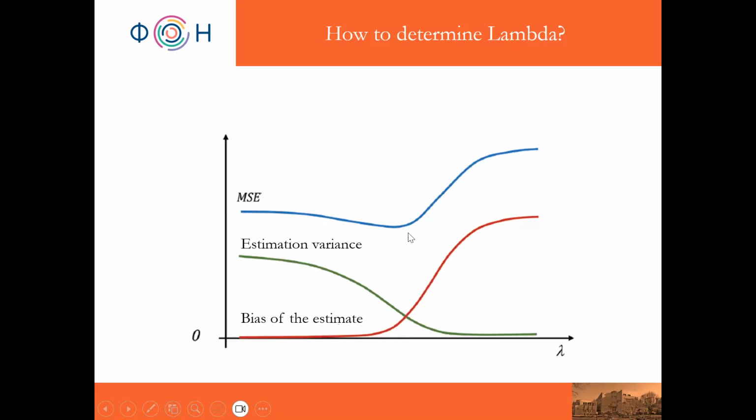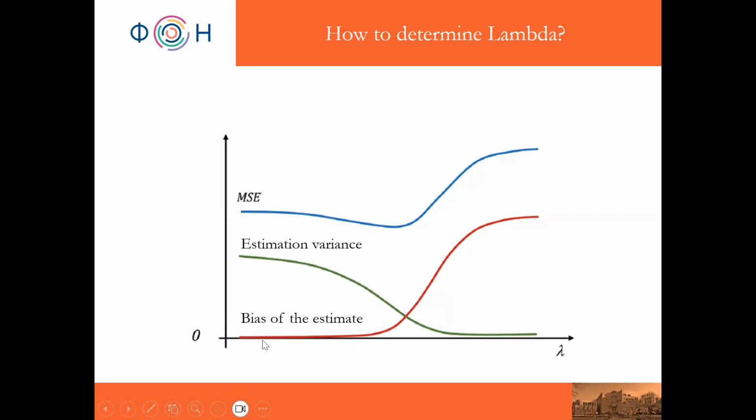So we want to use the lambda which leads to the smallest mean square error, which gives a good combination of variance and bias. That's what we also mentioned before. We don't know the value of our lambda. If lambda is 0, we're observing regular linear regression.